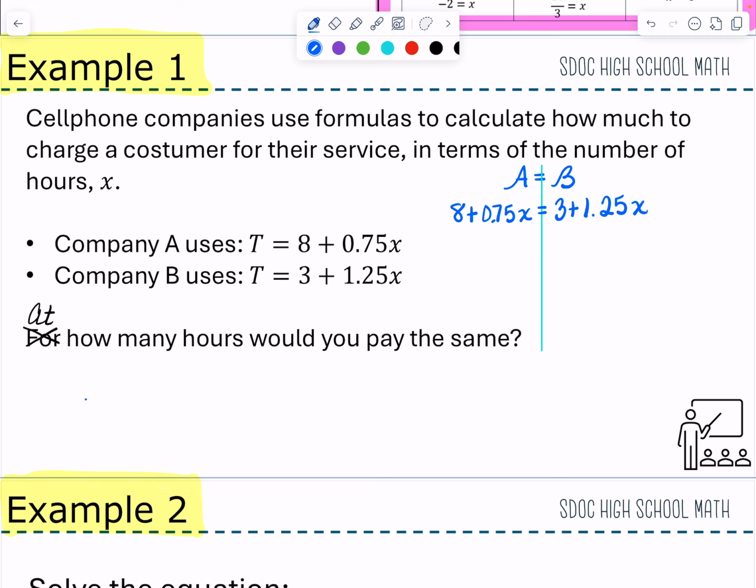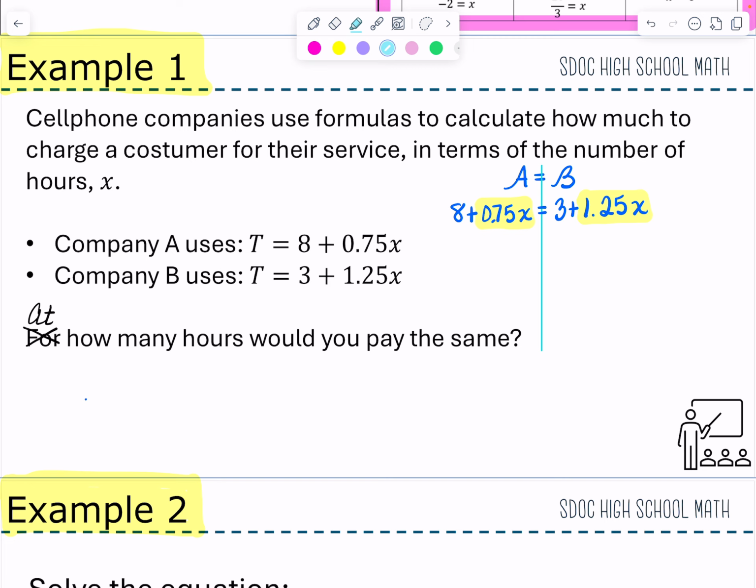All right, so when I'm looking at this equation, I'm going, where is the X value? Because I want to get all the X's on one side of the equal sign. Well, I have X's on the left side of the equal sign, and I have a variable term, an X term, on the right side of the equal sign. So which one is smaller? Well, the one that is smaller is 0.75X.